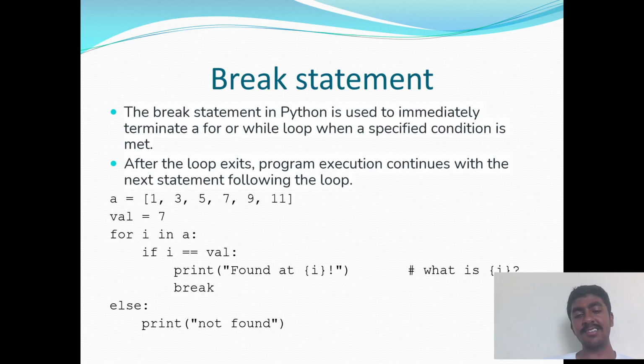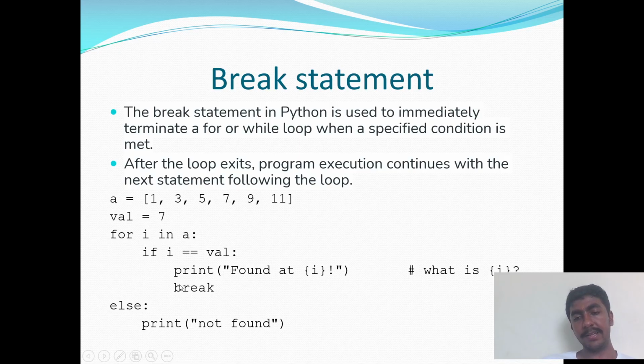Python starts checking. Is 1 equal to 7? No. It moves on. Is 3 equal to 7? No. It moves on. Does 5 equal 7? No. Move on. So is 7 equal to 7? Yes.